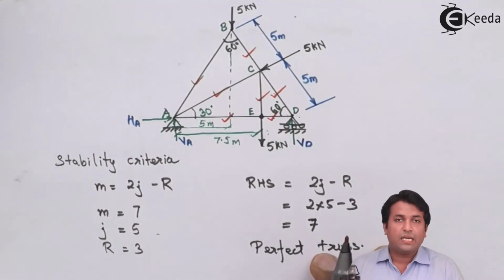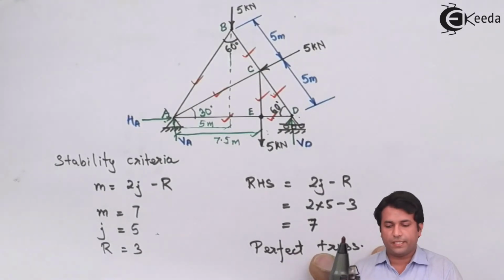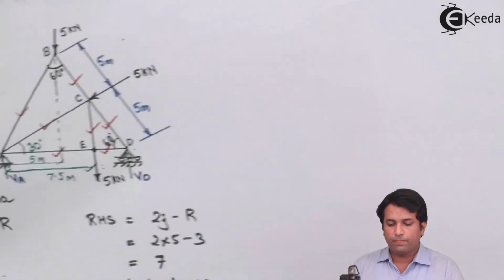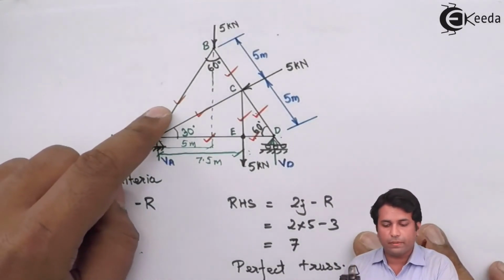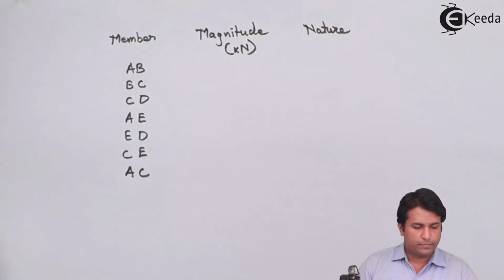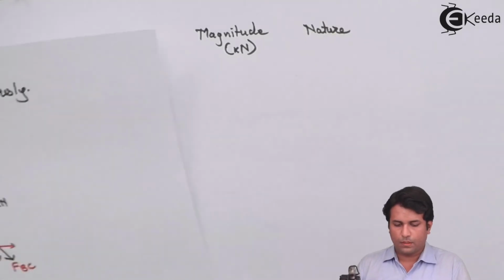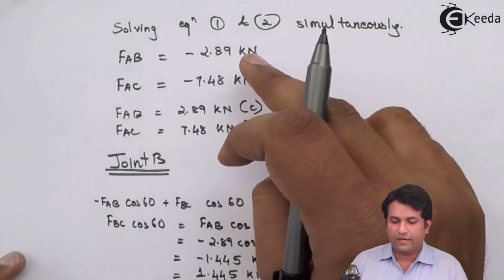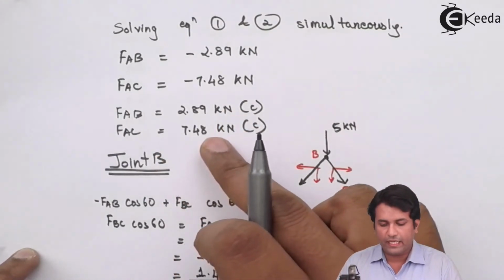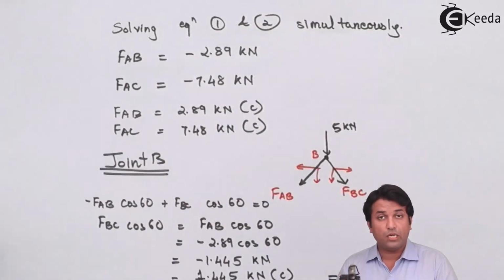So I'll just tabulate all the results now. The force that I have written first is AB. So I need to find out the force in member AB, then the AC force. Over here you can see that I have calculated for AB, that was 2.89, and for AC it was 7.48. Both are compressive.